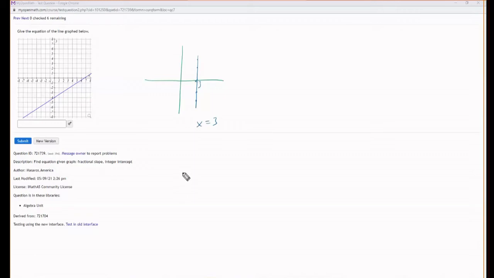If it's a horizontal line, we can follow the same process that we did before, and it works. It's just a little bit weird. So let's suppose I have a horizontal line that hits up here at 4. So my y-intercept is 4, and because it's horizontal, my slope is going to be 0.